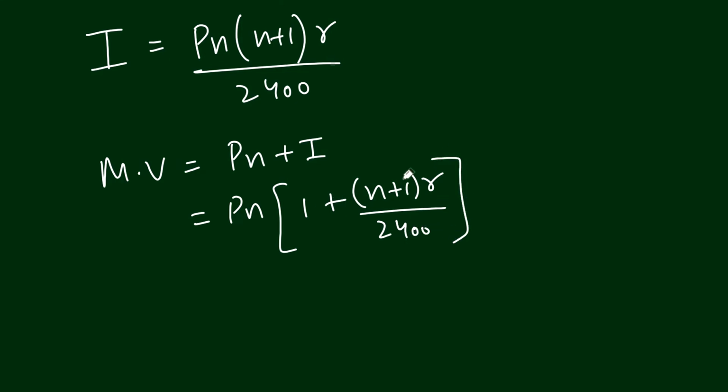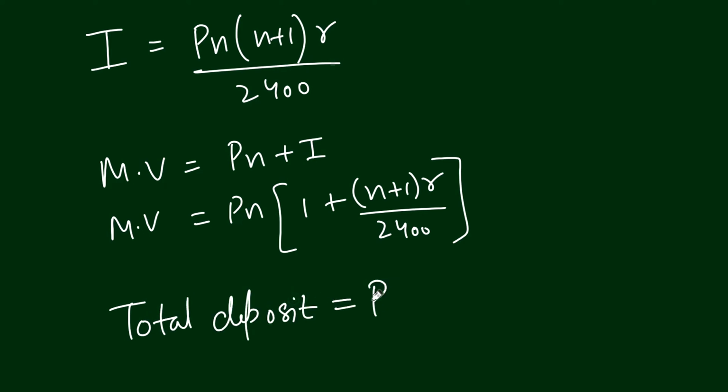Remember, 2400 is only for this part, not for 1, as you have taken it in the factorization method. Also we know what PN is. PN is the total deposit. Don't forget that total deposit means whatever is deposited every month multiplied by the number of months. So we have the interest formula, these two are the maturity formula, they are the same, and then total deposit. Copy down these formulas. These are the base of our chapter.